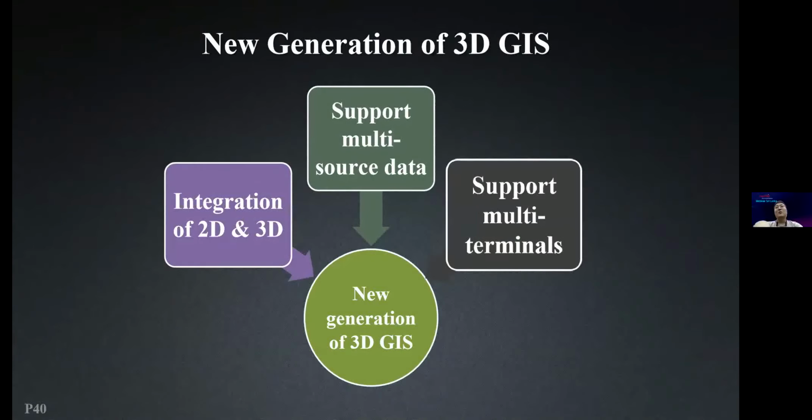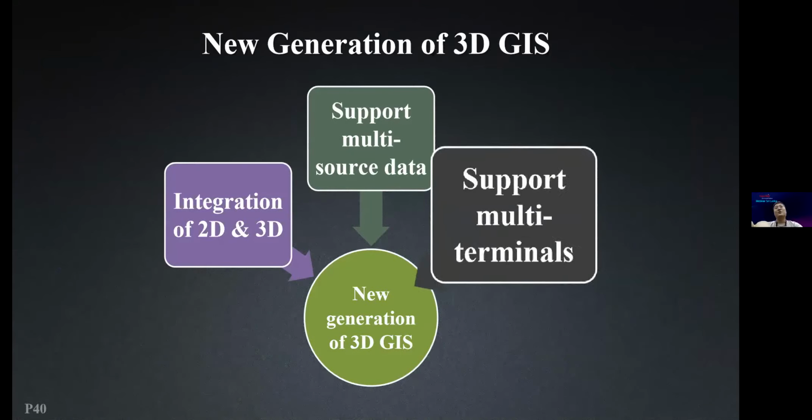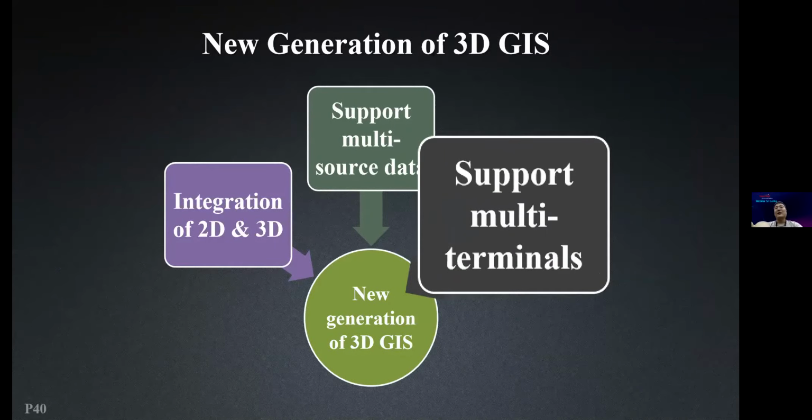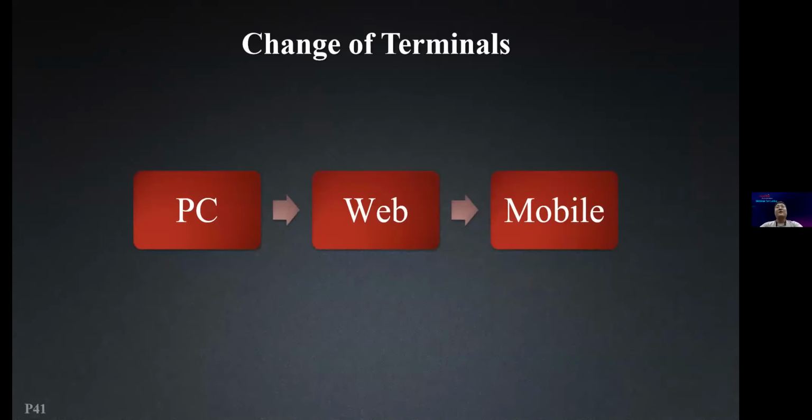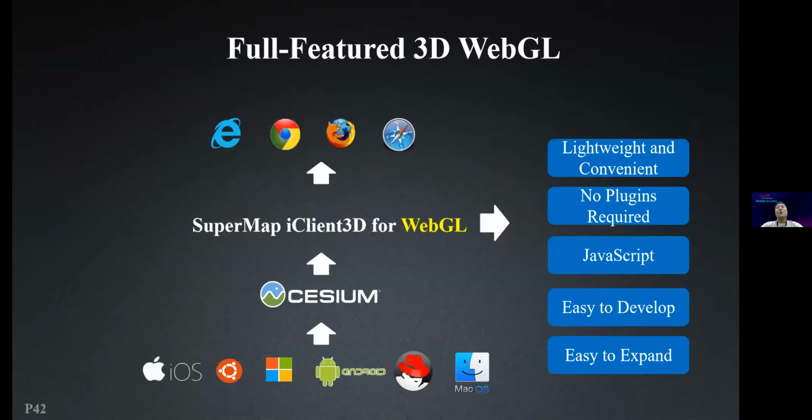And the last point of the new generation of 3D GIS is support for multi-terminals. The change of 3D GIS terminals is from PC to web to mobile. The PC side is very basic, but on the web, we use SuperMap iConnect 3D for WebGL to achieve these functions.